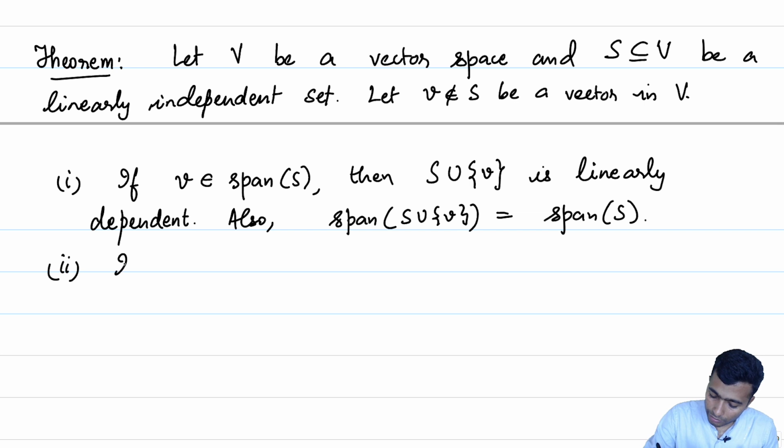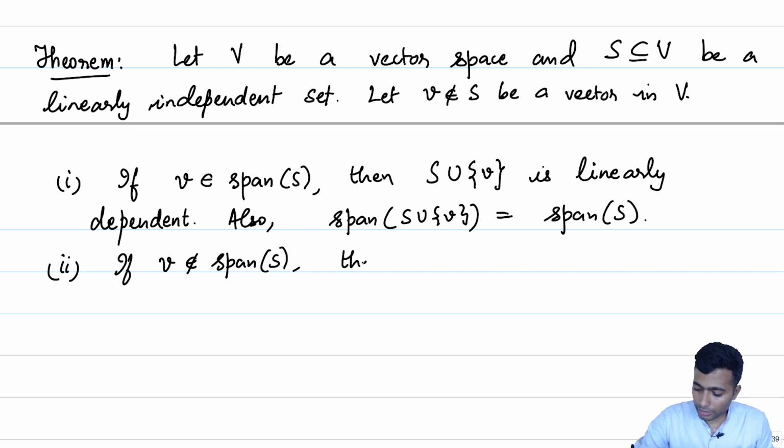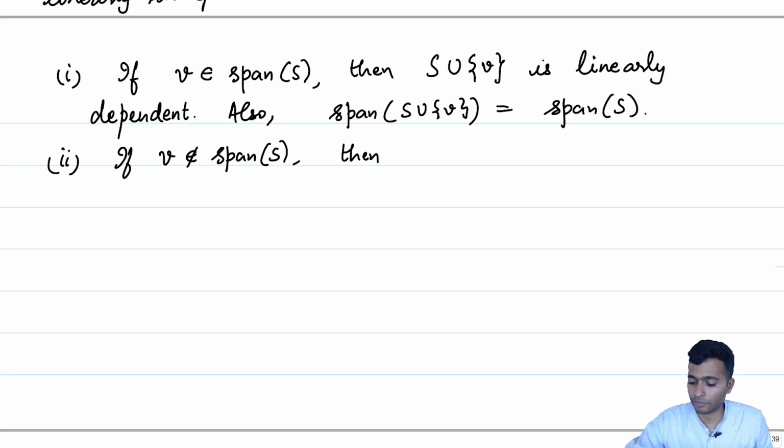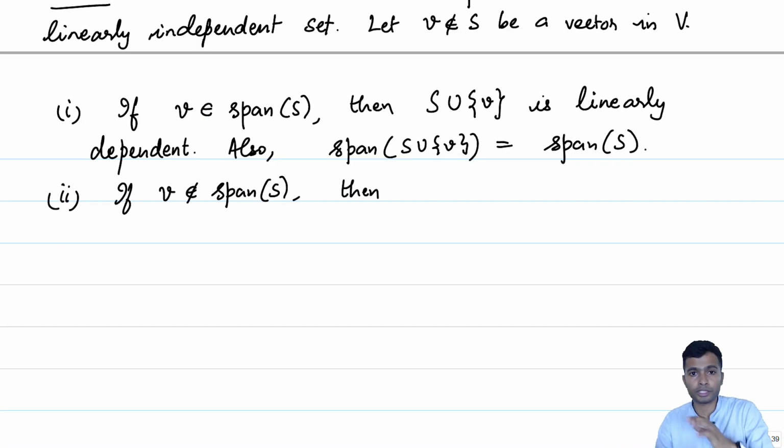How about if V is not in the span of S? Then, as already noted in the example of the subspace of R3 that we were considering, if V was not in the span and you appended it, the linear independence was maintained, right? That is going to happen in any abstract vector space.